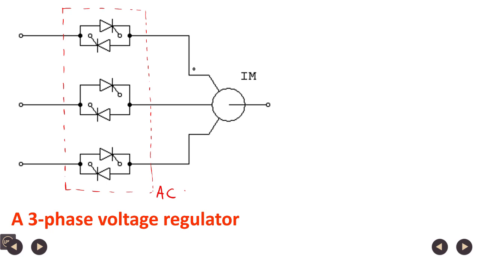AC regulator or AC chopper, AC to AC chopper. So, in 3 phase AC regulator, there are 6 thyristors like this. This is T1, T3, T5, T4, T6, T2.